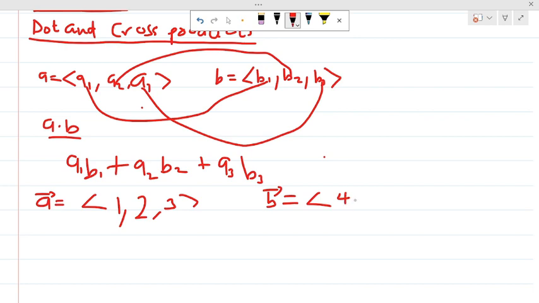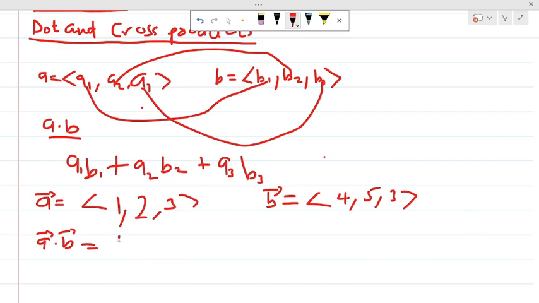So B is 4, 5, let's say 3. Now if you are asked to find the dot product of these two vectors, A dot B, what you do is that you multiply the 1 to the 4, then you add it to 2 multiplying 5, then you add it to 3 multiplying 3.